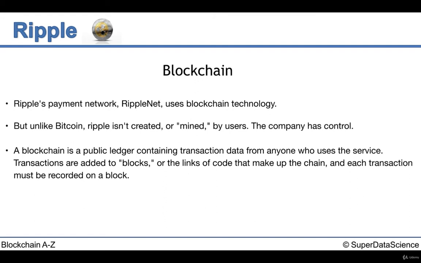The company has control. We talked about the distribution in the earlier slide. And to reiterate, a blockchain is a public ledger containing transaction data from anyone who uses the service. Transactions are added to blocks or the links of code that make up the chain, and each transaction must be recorded on the block. Blockchain, one of the most crucial, if not the most crucial components of cryptocurrencies.